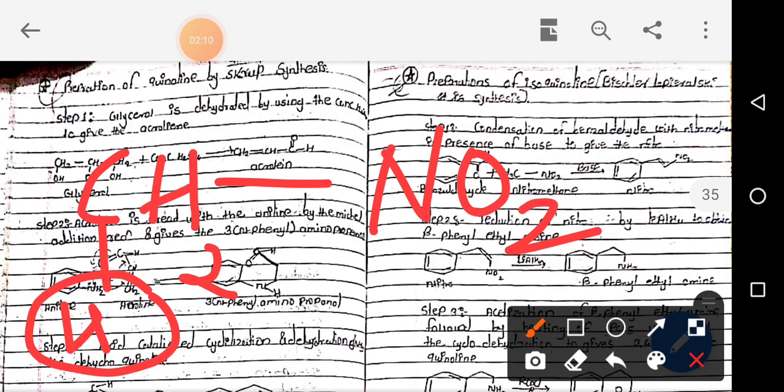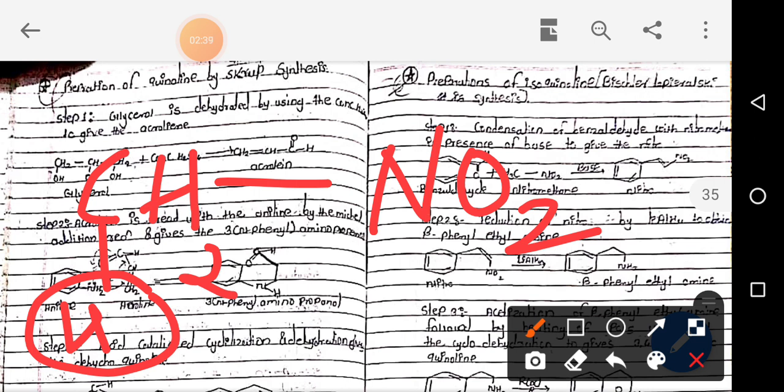If we see the acidic strength of the hydrogens on the carbon adjacent to NO2, we find that NO2 is the most electron withdrawing group. So due to this, the CH3 having three hydrogens, the hydrogens are very acidic.